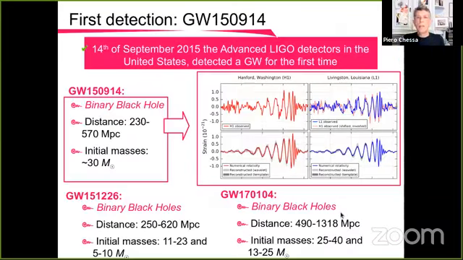And what I show you now is the first historical document of the first detection of a gravitational wave in 2015. These diagrams here are the experimental results by two gravitational wave interferometers in the United States, the two LIGO laboratories, Hanford and Livingston. We have no Virgo signal at this moment because Virgo was down for an upgrade.